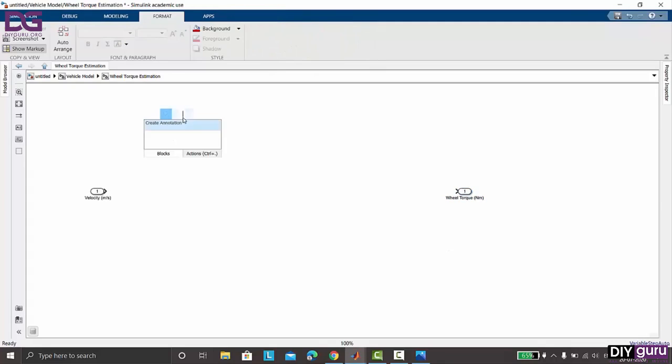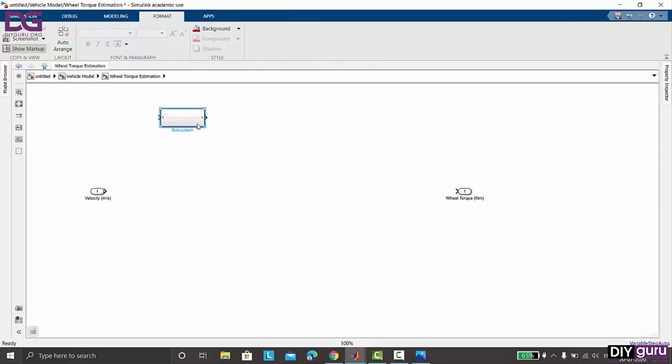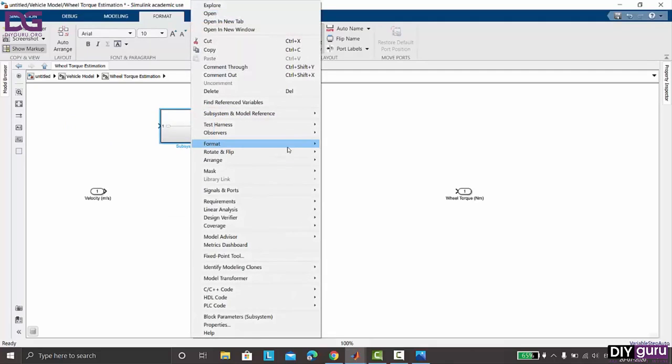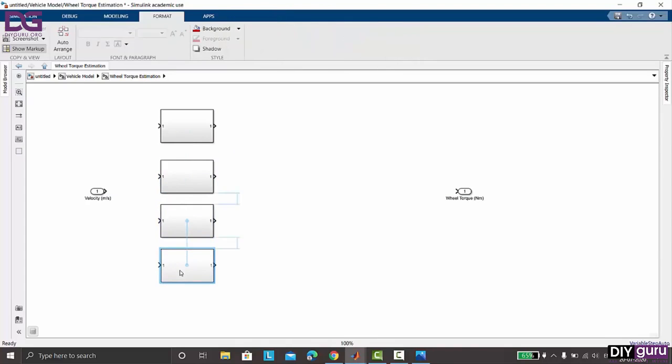So for estimating the forces acting on the vehicle, we need 4 subsystem blocks. So just hold the control key, click and drag it to copy all the blocks.